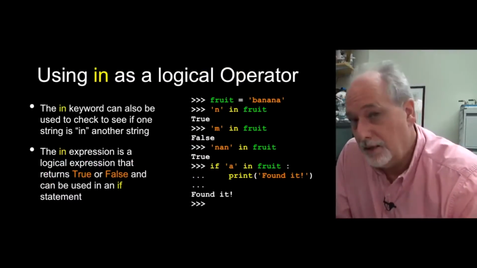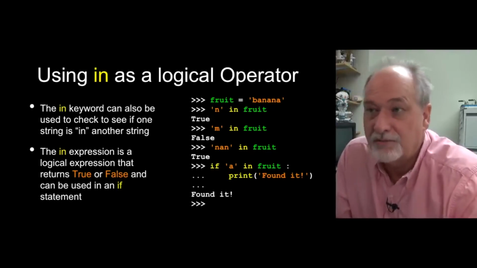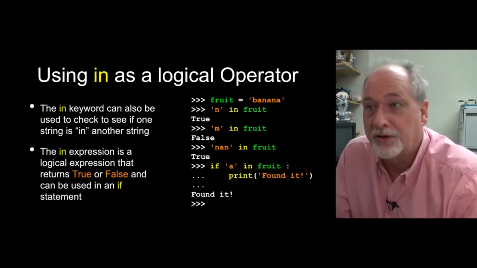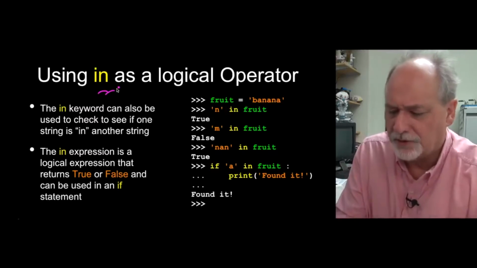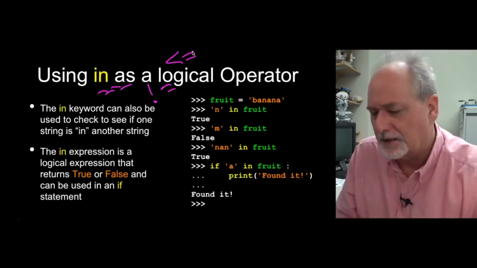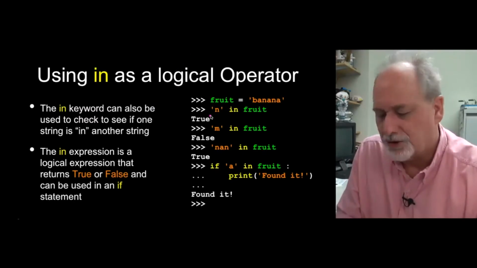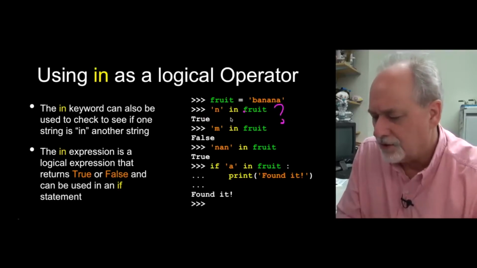We can use in differently as a logical operator. We're using it as an iteration structure in for loops, but we can also use it as a logical operator in if statements. It's kind of like double equals, not equals, or less than or equals, and it returns a true or a false. Is n in fruit? That's a question, and the answer is true. Is m in fruit? No. Is nan in fruit?